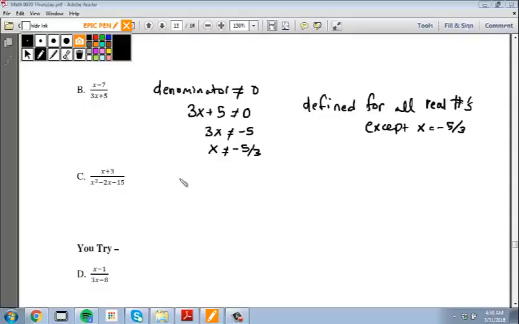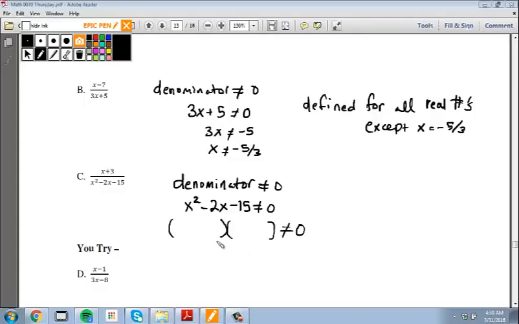The same thing for c, x plus 3 over x squared minus 2x minus 15. We know the denominator cannot equal 0. So x squared minus 2x minus 15 cannot equal 0. We have to factor this one: two numbers that multiply to negative 15 and add up to negative 2. So that would be a negative 5 and a positive 3. You can check that by FOILing if you would like.